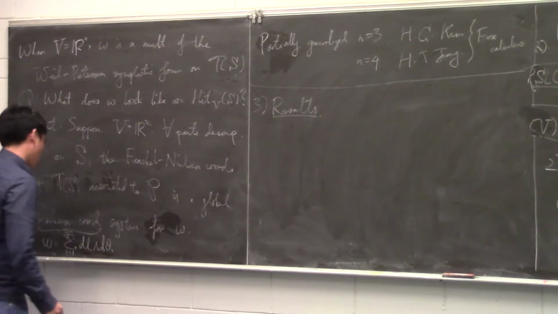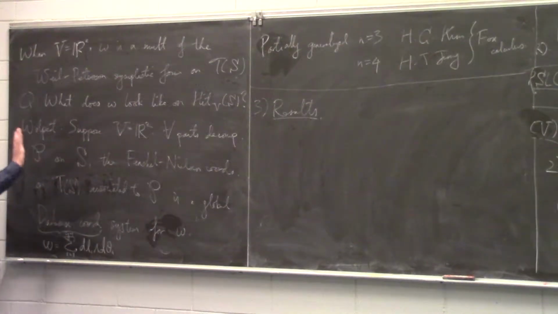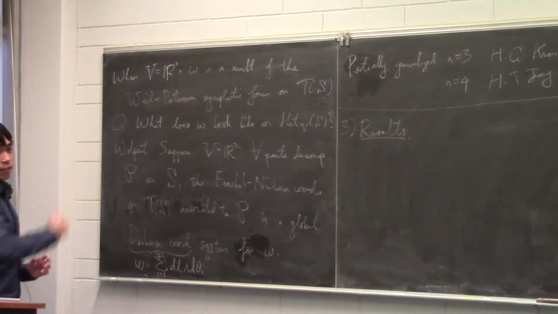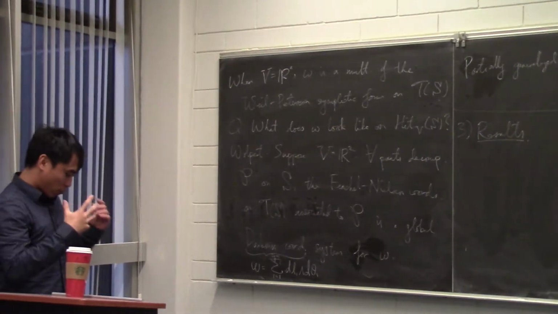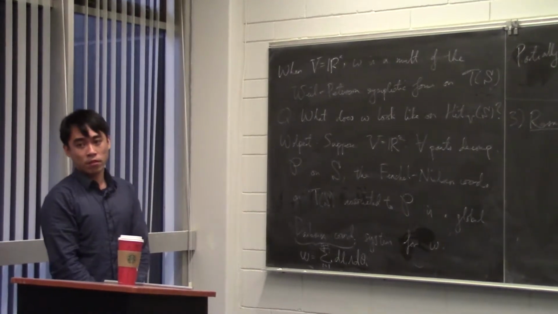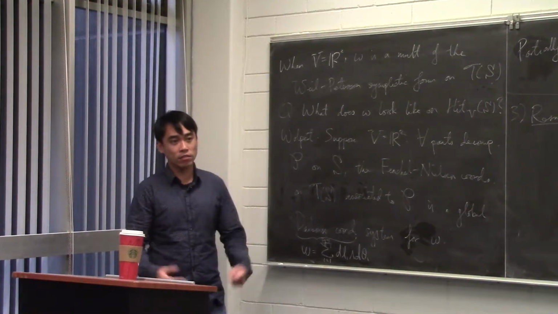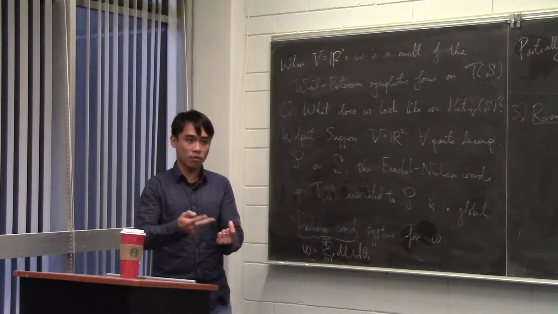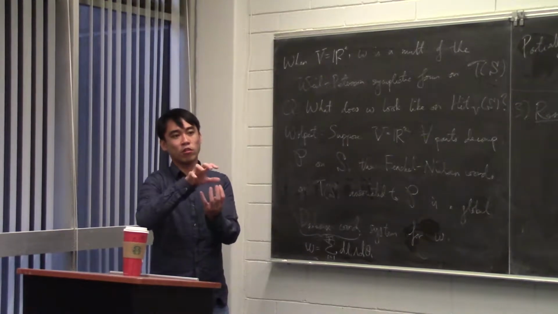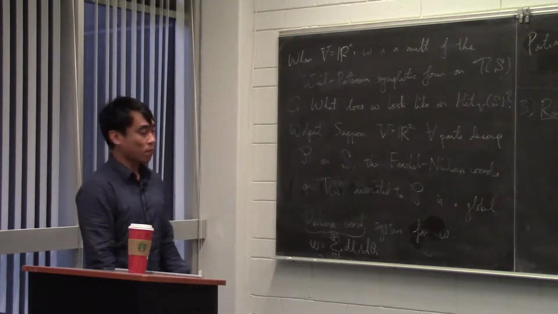In the case, let me just talk about Hong Chang Kim's result. For Tengren, I'm not really sure what the full result is. So in the case of the PSL3R Hitchin component, what Goldman did was he actually coordinatized the space in a way that's very similar to the Fenchel-Nielsen coordinates. You cut your surface into pairs of pants. For each pants curve, you specify 2 length parameters and 2 twist parameters. And for each pair of pants, you specify 2 parameters that determine the structure on the pair of pants once you fix the eigenvalue data on the boundary.